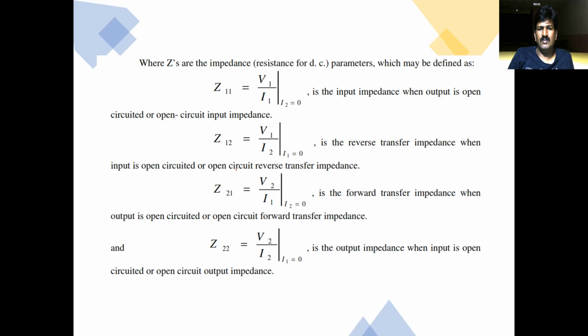Z22 is nothing but V2 divided by I2 when I1 is equal to 0. It is the output impedance when the input is open, or open circuit output impedance.